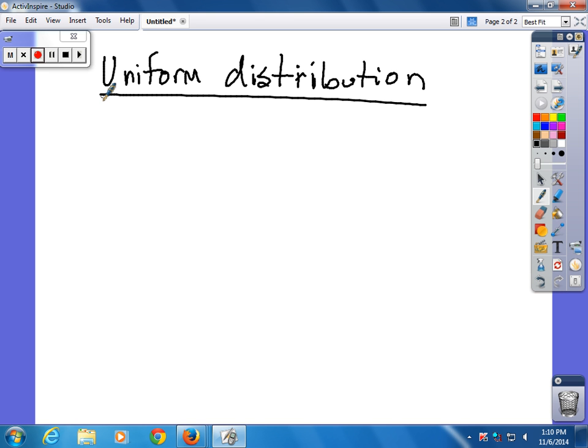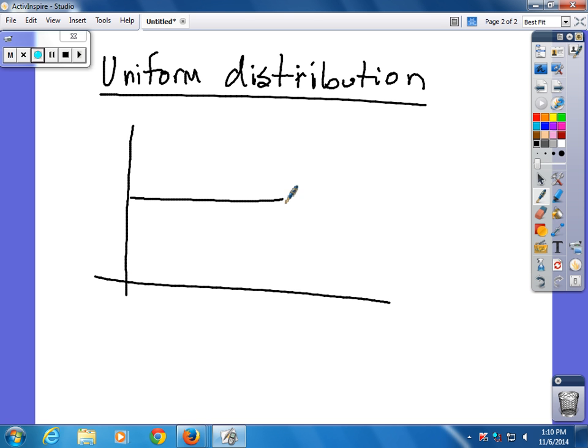But if you do humans, is there variation? No, because everybody's human. And time is the same thing. Time does not stop. It doesn't speed up, and it doesn't go slower. It may feel like it goes slow, but it doesn't. It goes the same time. So it's constant. So a uniform distribution is going to look like a rectangle.